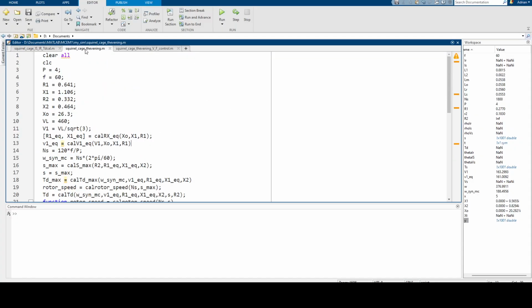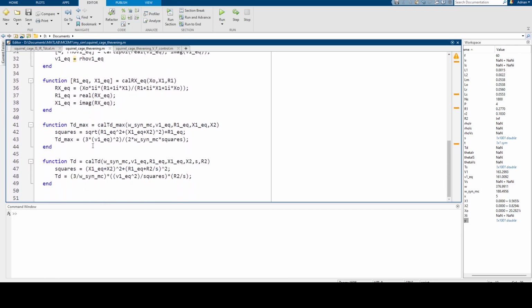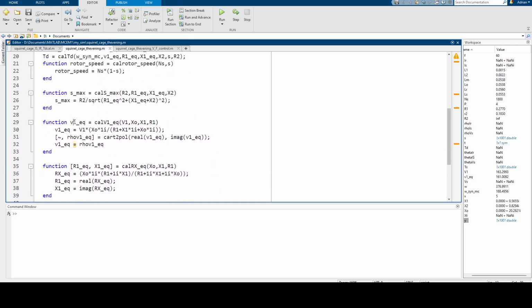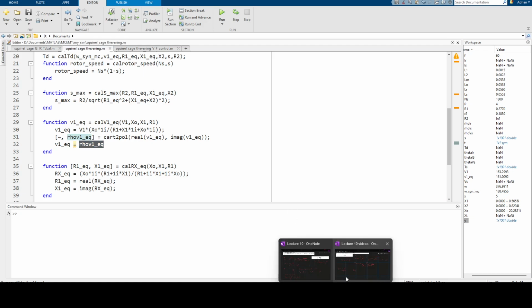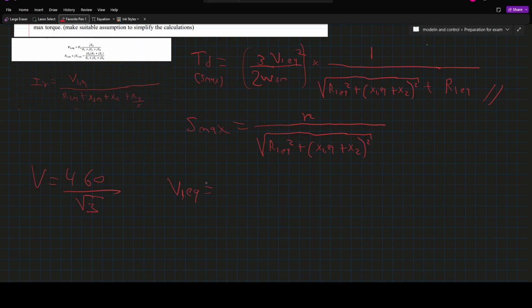Here I have a formula to calculate V1 equivalent. Because we are in a steady state, we only want the magnitude, so I just return the magnitude. This gives us a magnitude of 2.789 and an angle of 0.0234.